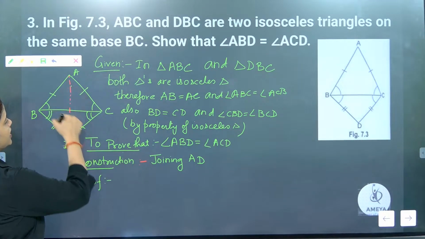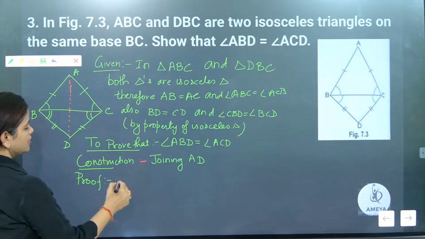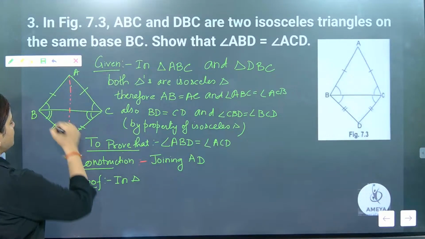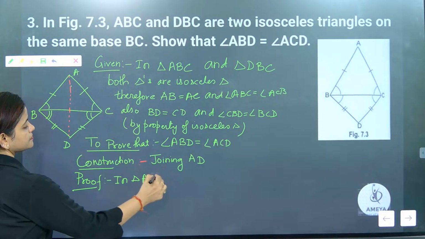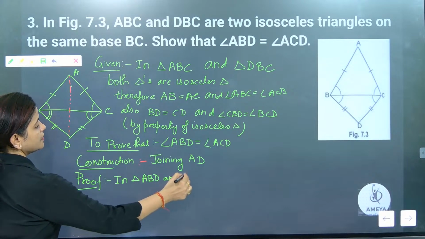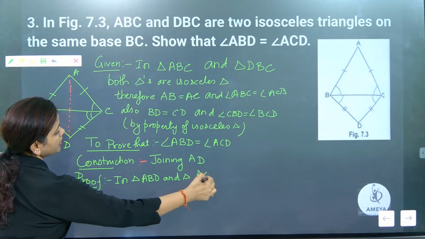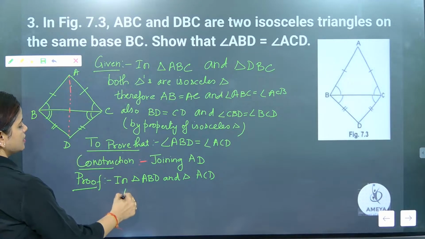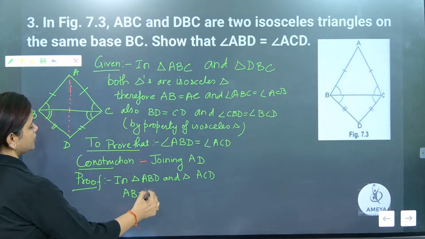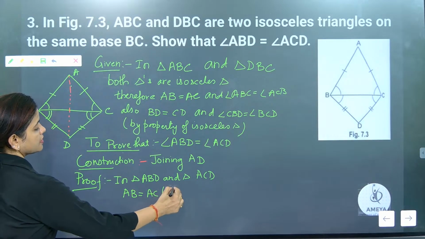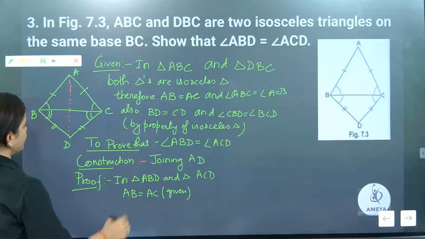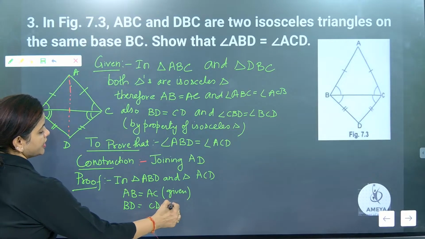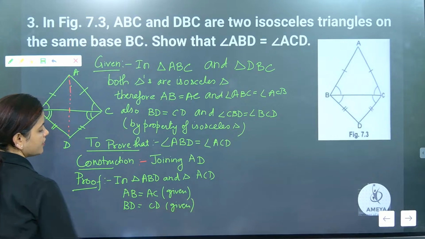We are going to take this triangle and this triangle. So in the proof section, what will we write? In triangle ABD and triangle ACD. Done? Now beta, already what is given? AB is equal to AC. Given section, please refer. BD is equal to CD. Again refer given section.